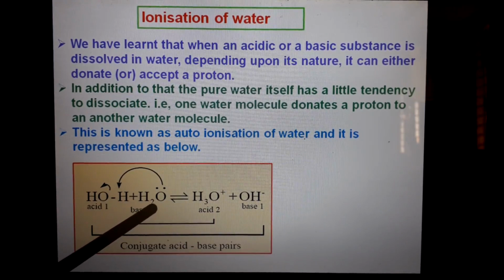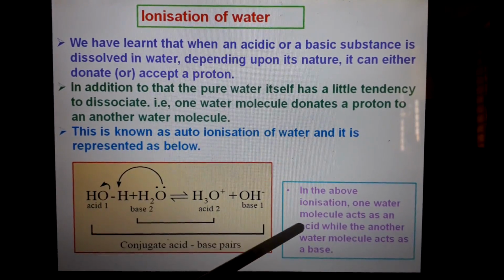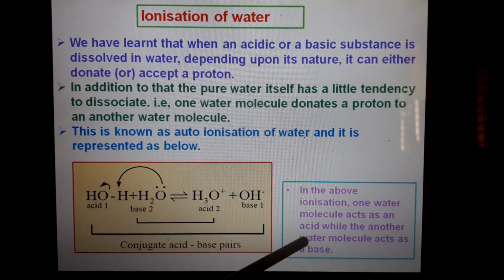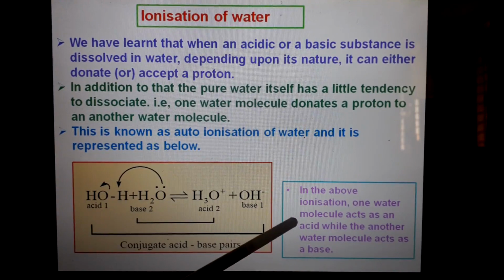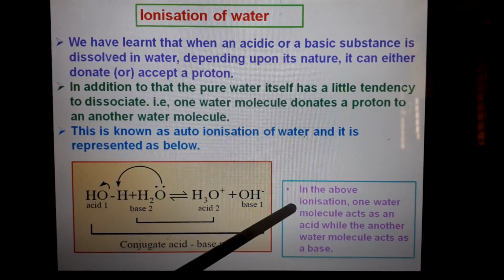This is the concept from this equation. In the above ionization, one water molecule acts as an acid while another molecule acts as a base. This is the final conclusion from this concept, ionization of water. Understand?